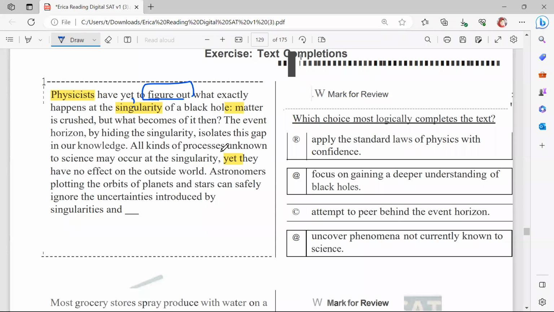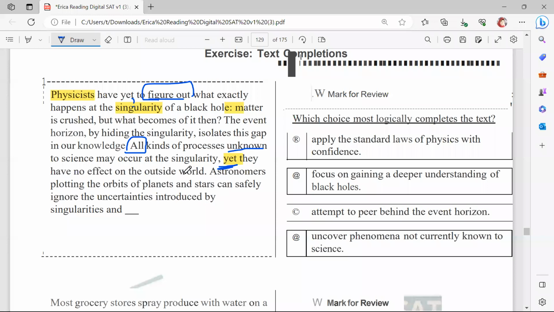All kinds of processes unknown to science. What is unknown? The singularity of a black hole is considered to be unknown. All kinds of processes unknown to science may occur at the singularity, maybe because we don't know. Yet, there is a shift: yet they have no effect. Whatever processes we don't know have no effect on the outside world.